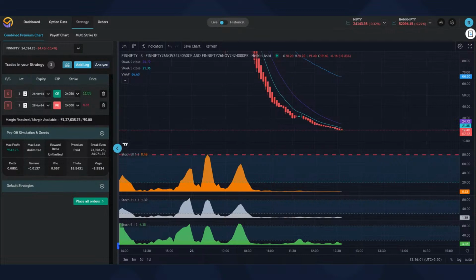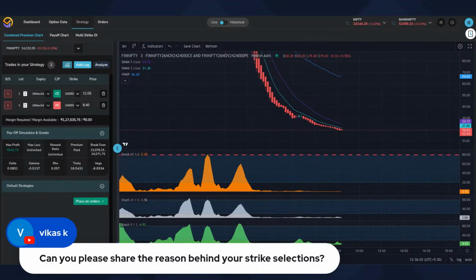Let me take one question. Can you please share the reason for the strike selection? I'm not sure what time you joined. I started this at 24,200, then slowly moved closer to the spot price.